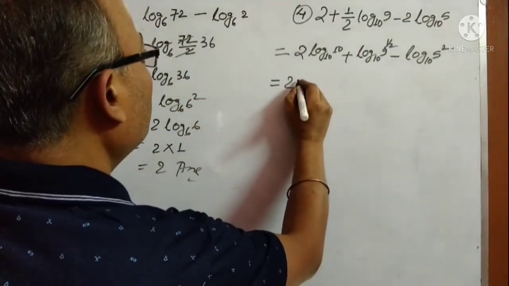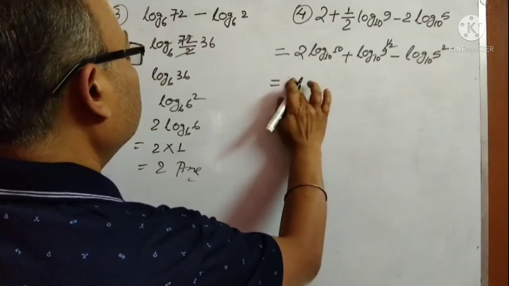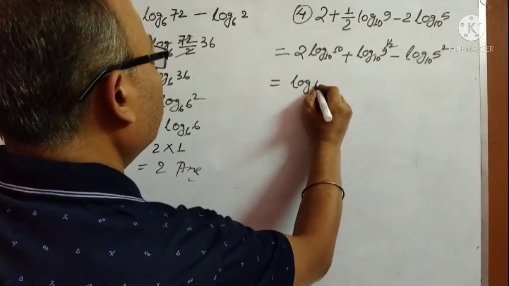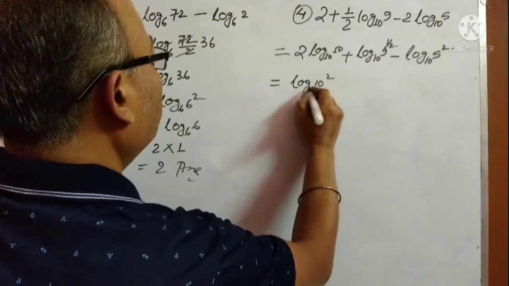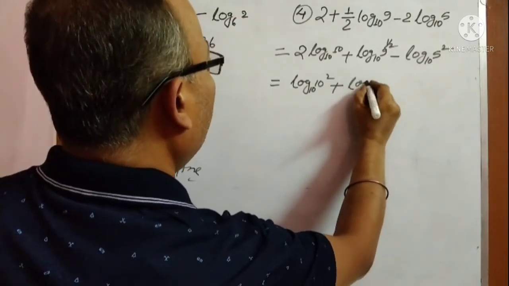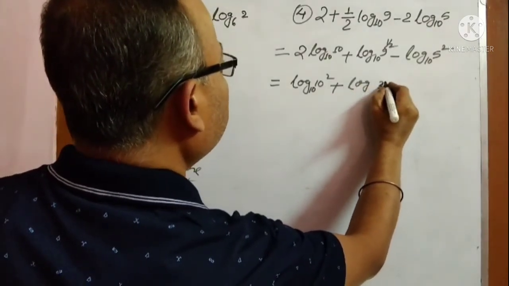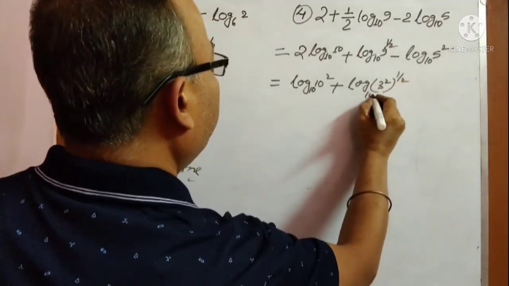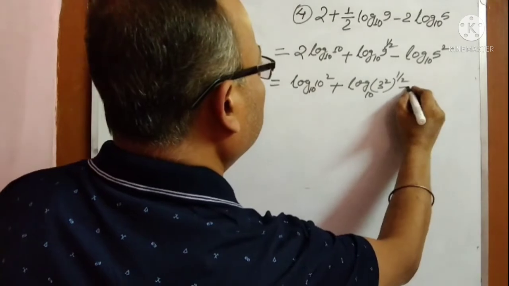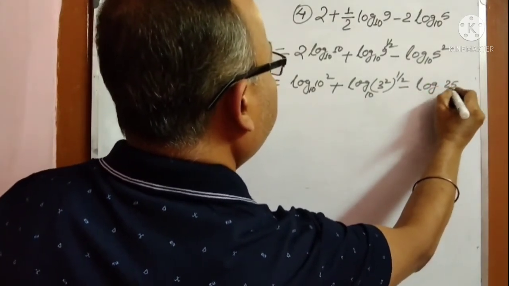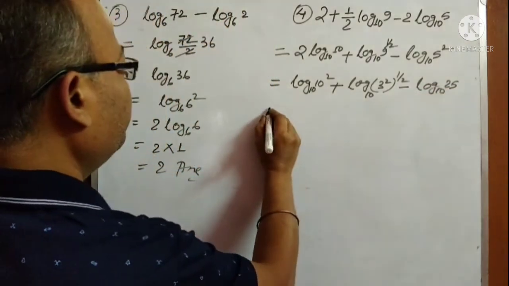So now the 2 here you can write like this, log 10 square to the base 10. Log 9 you can write as 3 square to the base 10 to the power half, minus log 5 square, you can write 25 to the base 10.